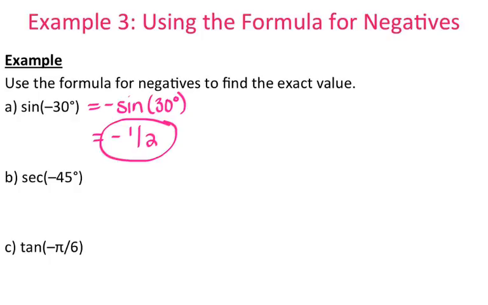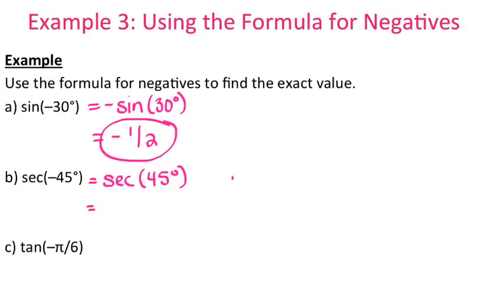Okay, secant matches up with cosine, and cosine of a negative angle is equivalent to cosine of the positive angle. So secant of negative 45 degrees is equivalent to secant of positive 45 degrees. So 45 degrees is my middle finger. I'm going to go ahead and put down my middle finger. Secant matches up with your x-coordinate, so my x-coordinate is root 2 over 2.